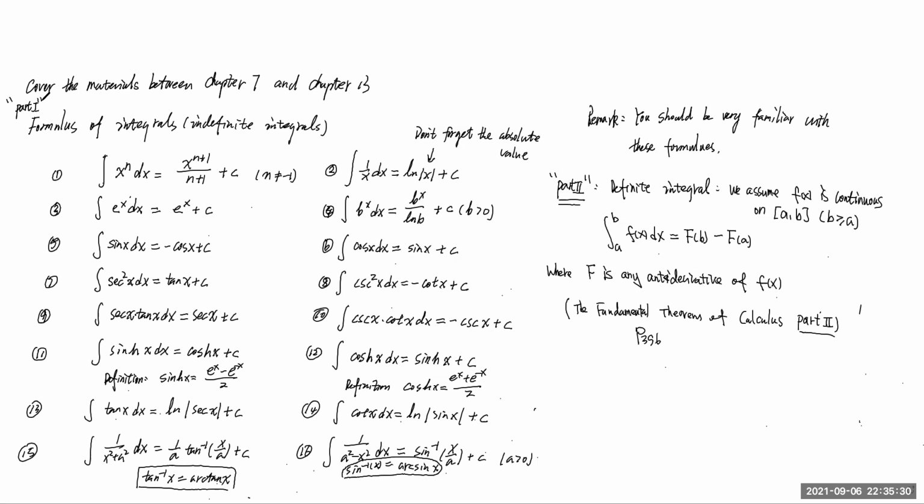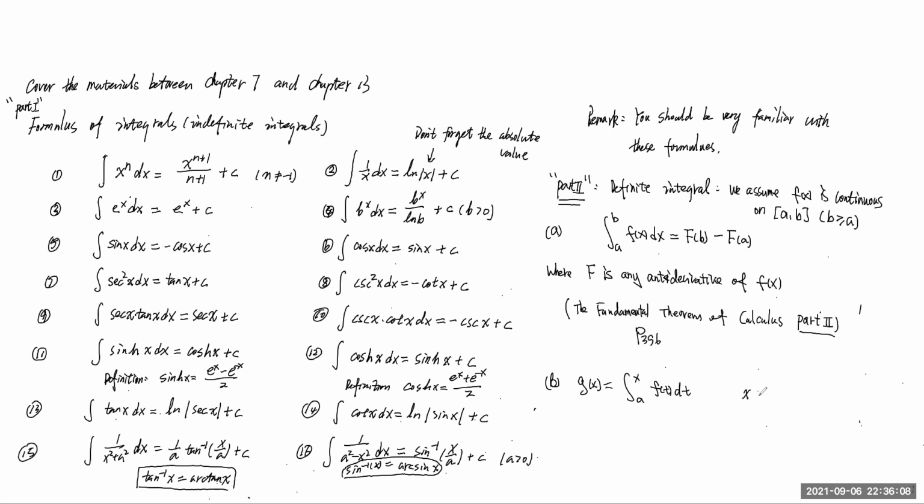And also, we have another formula we studied last semester. The formula is this. We still assume f is continuous. We define g(x) as the integral from a to x of f(t) dt. So it's kind of letting the upper bound change, we write it as x. It's a variable. So this is a function, right?